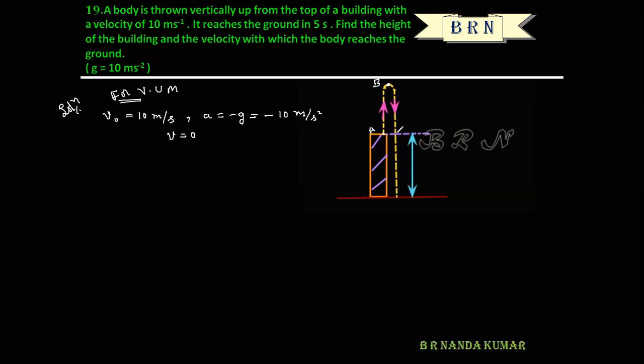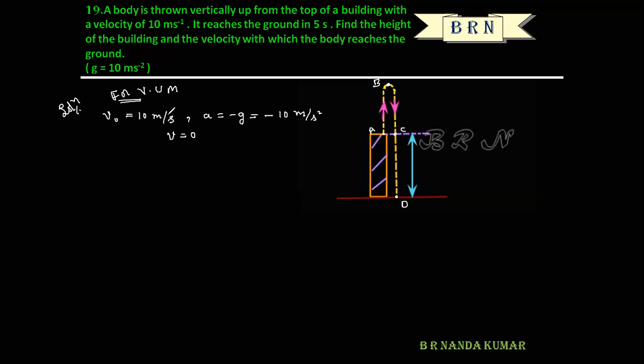Let us consider this location as C and this location as D. Okay. First here, we have to calculate the distance traveled by the body from point A to point B, and the time taken by the body to travel from point A to point B by using kinematic equations.